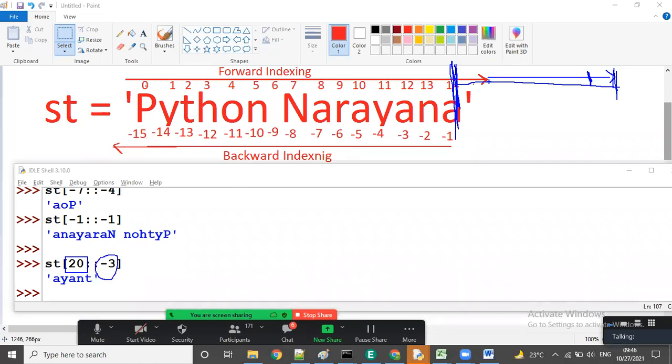Then -3, guys. -3 means do you go forward or backward?